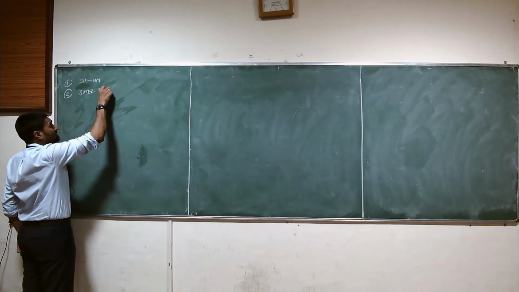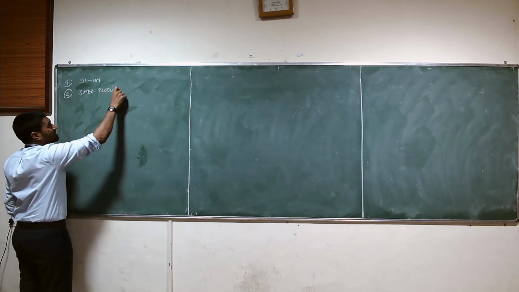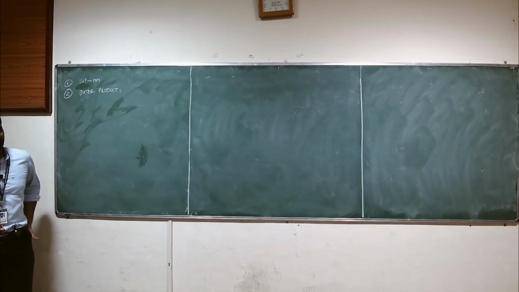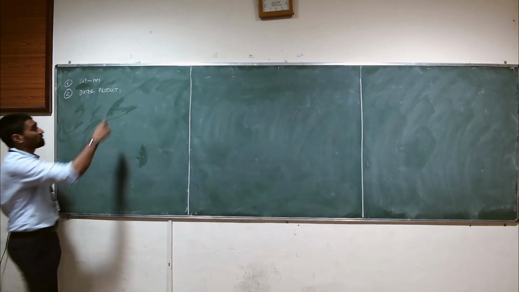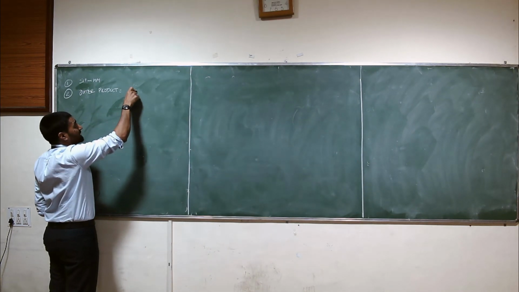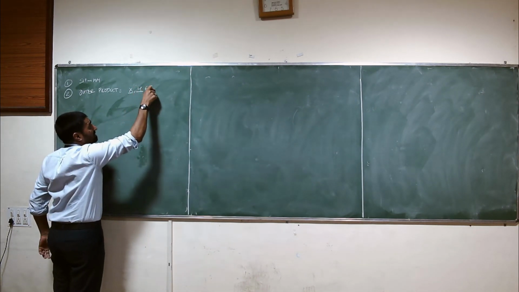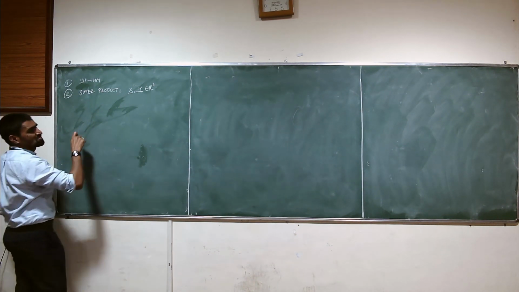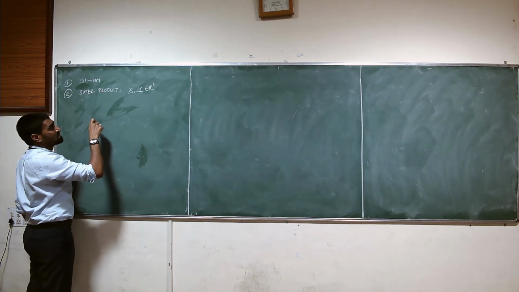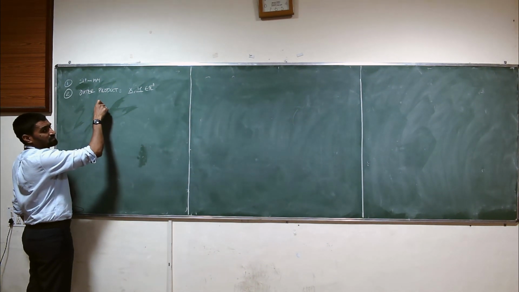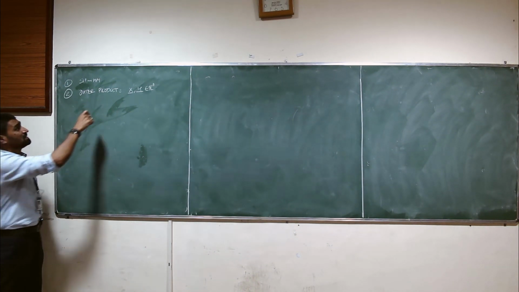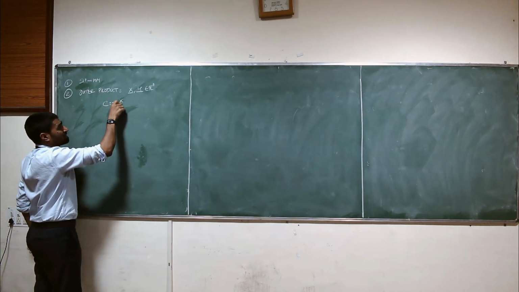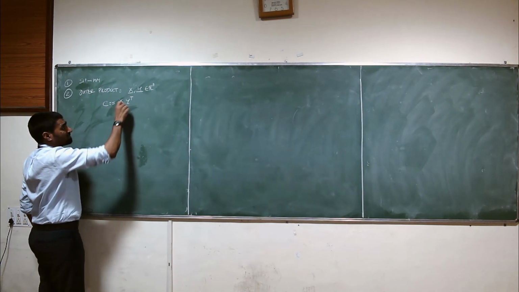What is an outer product? Yeah, what is an outer product? So if you have two vectors in Rn, x and y transpose, is it?